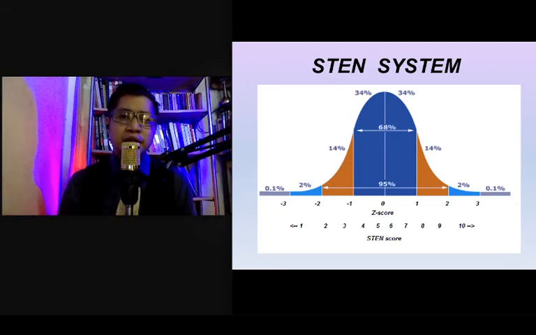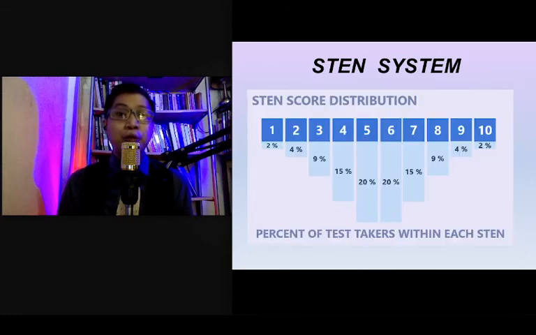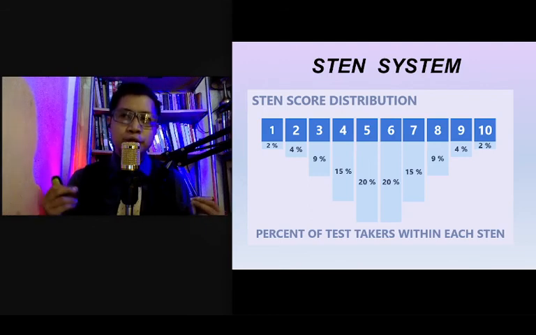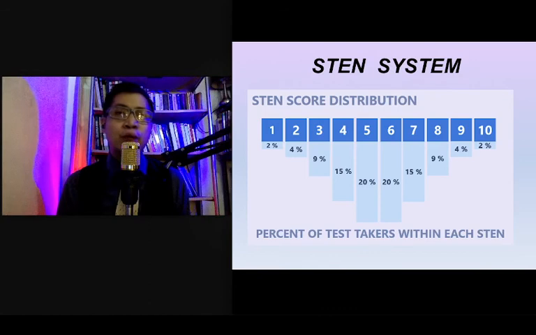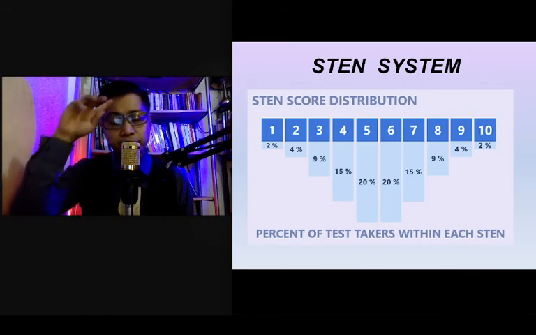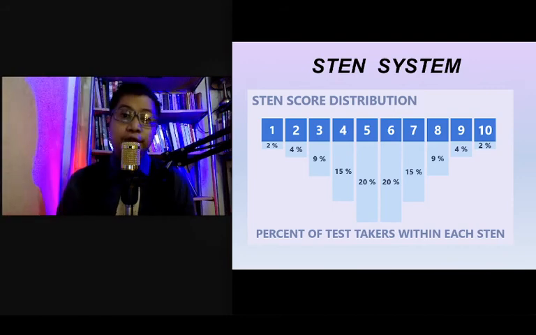Mas ginagamit kasi natin sa kultura natin yung 1 to 10 eh. 'Di ba? Yung ganyang scoring system, we use that in sports, we use that in beauty pageants. So it's easier to visualize how good a person is in a scale of 1 to 10 compared to in a scale of 1 to 9 or even in a scale of 1 to 100 tulad ng ginagawa natin sa T-score, 'di ba?